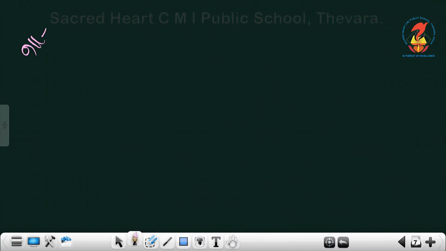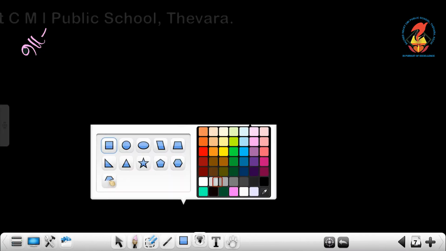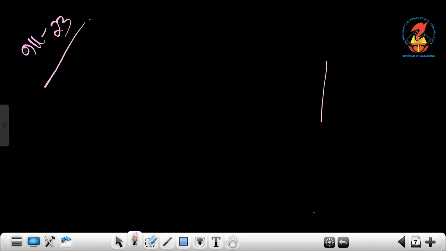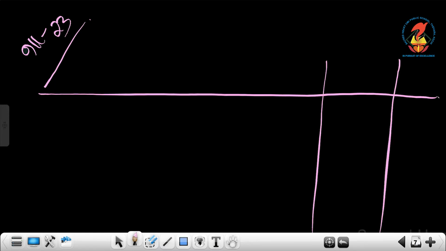This is illustration number 23. You give the headings, bank reconciliation statement as on 31st March 2019. Then the column headings, everything you must write.